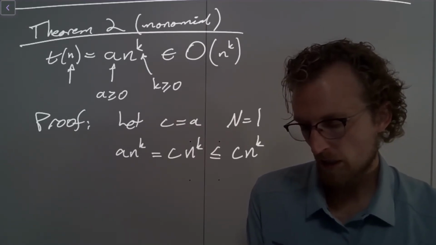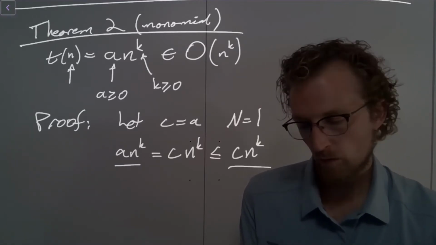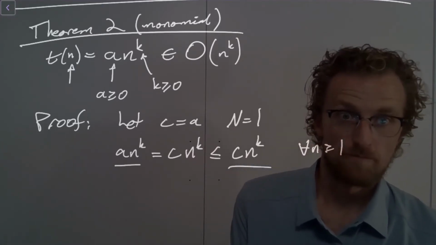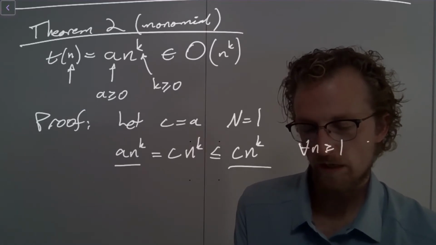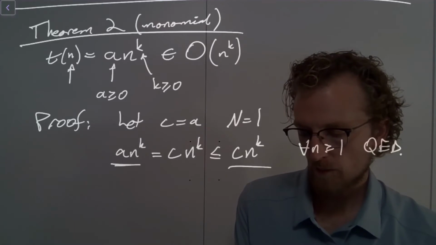But what I've shown is that this thing is less than or equal to this thing for all n greater than or equal to 1. And so I'm done. I'm completely finished with the proof. Okay, so QED. Therefore, this is big O of that.